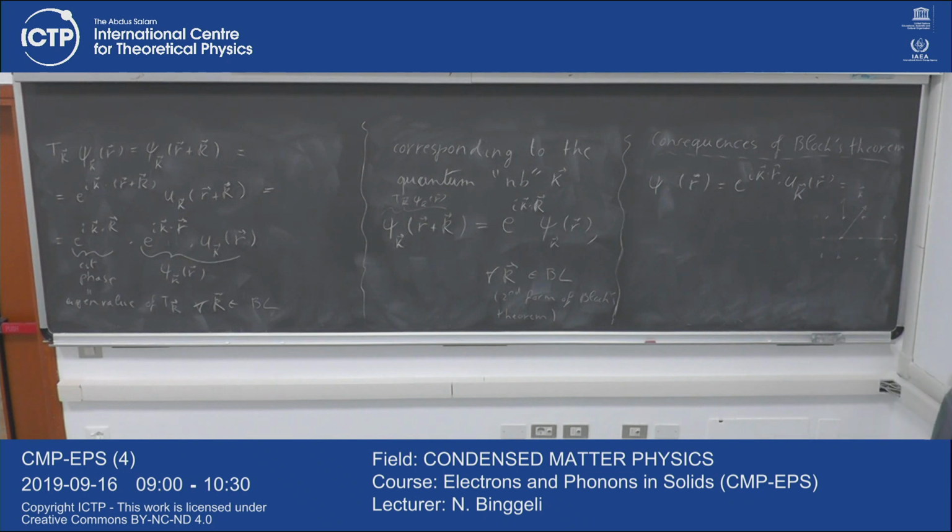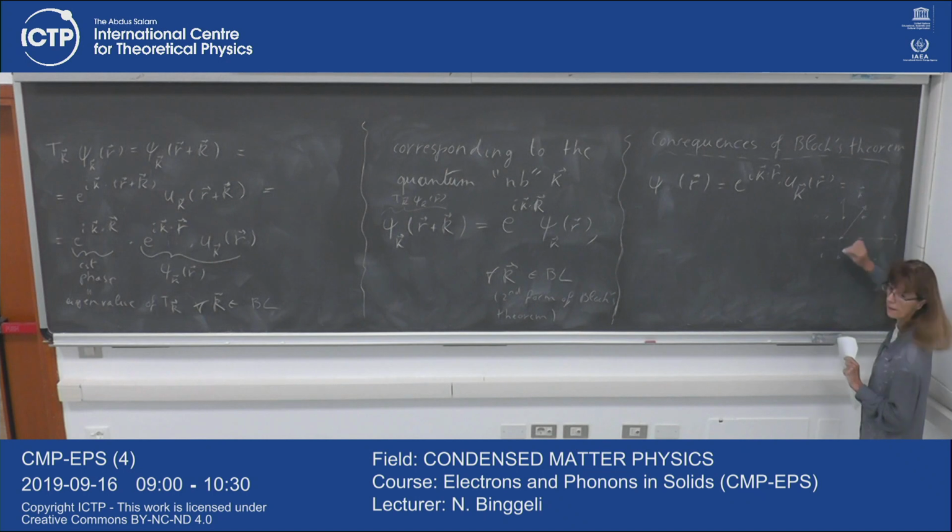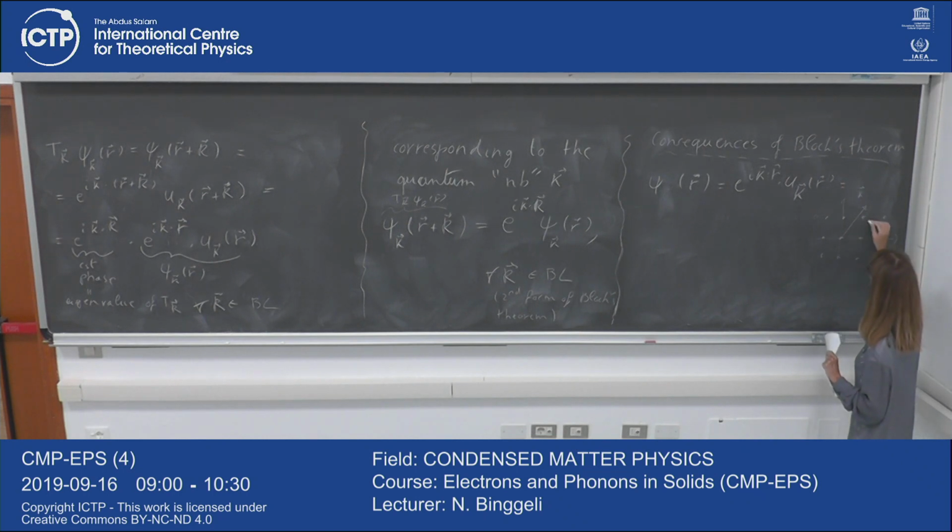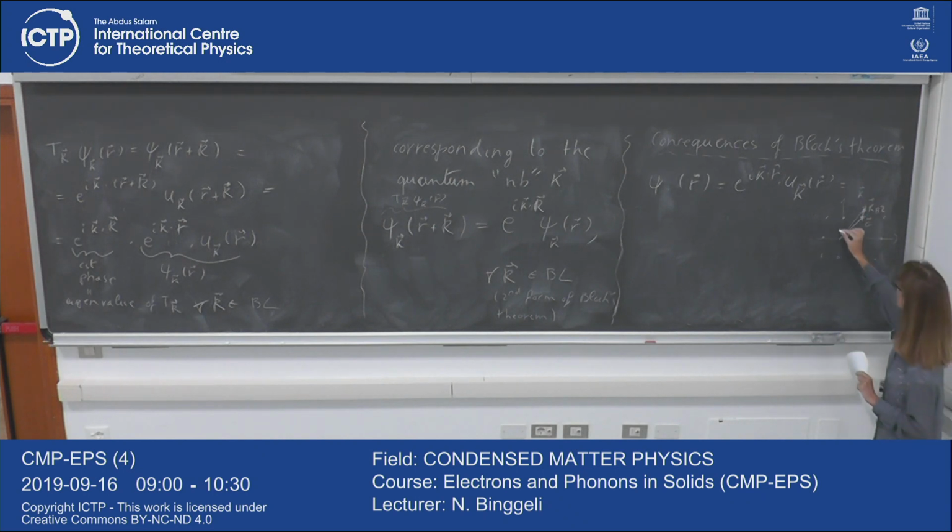I can always write it as the closest G vector, so this is my G vector, plus a vector k that is inside the Brillouin zone.